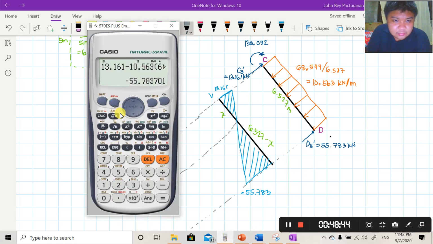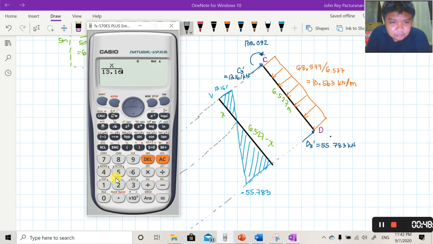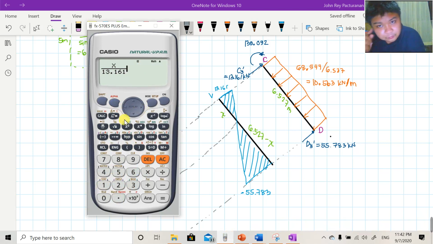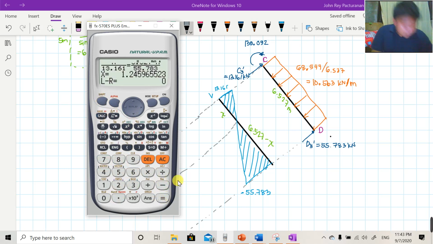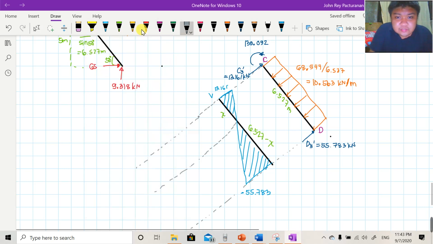So, therefore, x over 13.161 is equal to 6.527 minus x divided by 55.783. So, shift solve natin. Ang sagot ay 1.246 meters. So, yan. Lagay natin 1.246 meters, class.